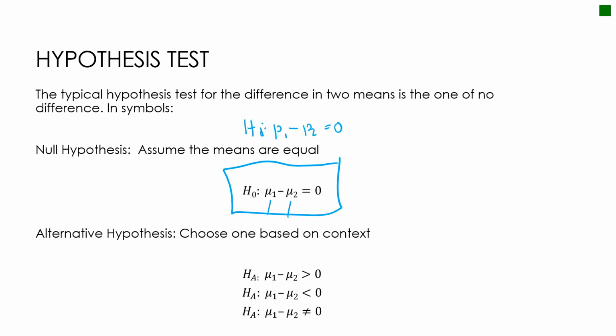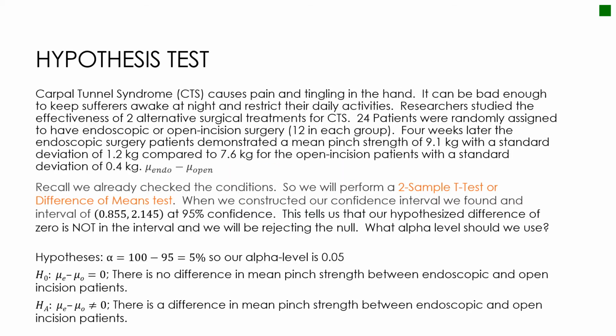And again, when I actually do this question, I'm going to use something besides 1 and 2 so that I know which group I'm actually putting first. Then the second one, the alternative, is always based on the context. But again, we're sticking with 0 as the difference because we're assuming that there's not going to be a difference in whatever the two averages are.